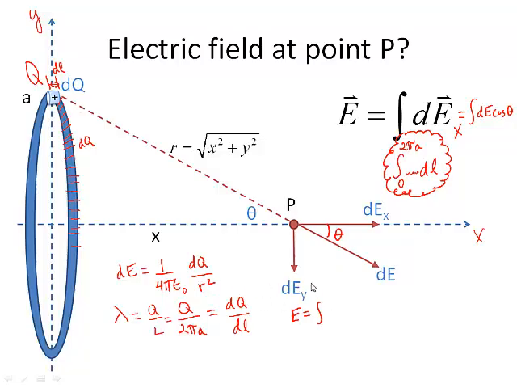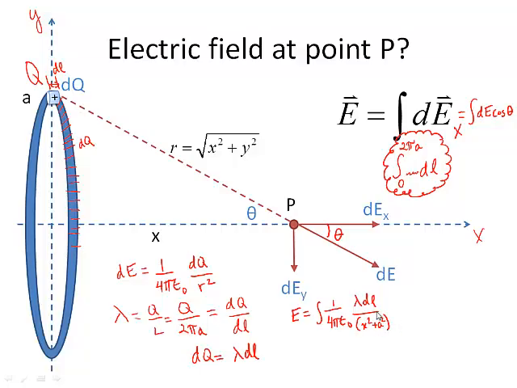Now let's look at dE. dE is 1 over 4 pi epsilon naught dq. If I rearrange this equation, dq is equal to lambda dl. So now I have 1 over 4 pi epsilon naught lambda dl over r squared, which is simply x squared plus a squared.